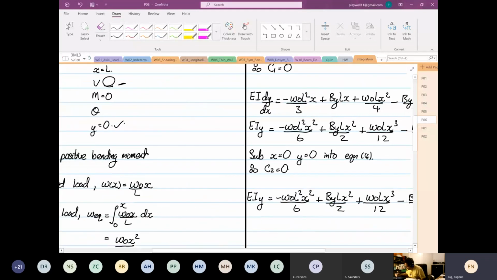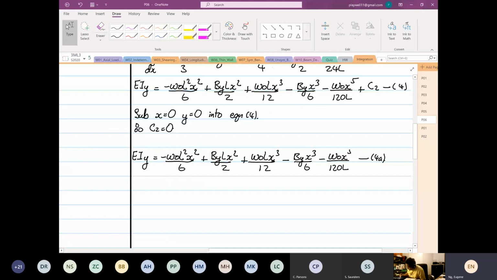Okay, so we're going to substitute x is equal to 0, y is equal to 1 into equation 4a. So this is 0 minus omega naught L to the power 4 divided by 6, plus By.